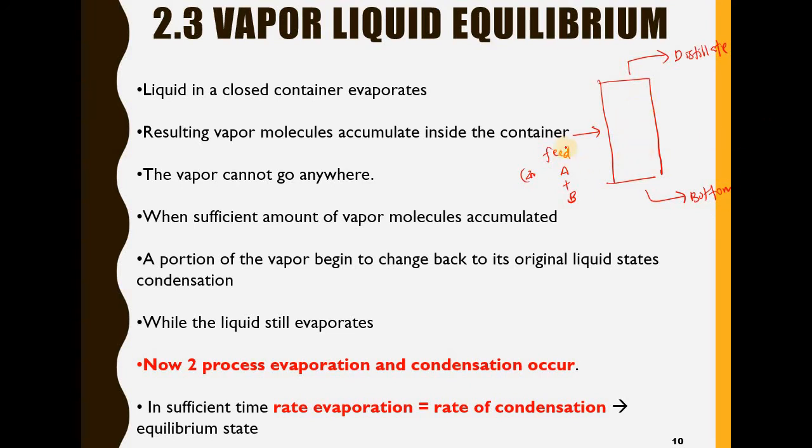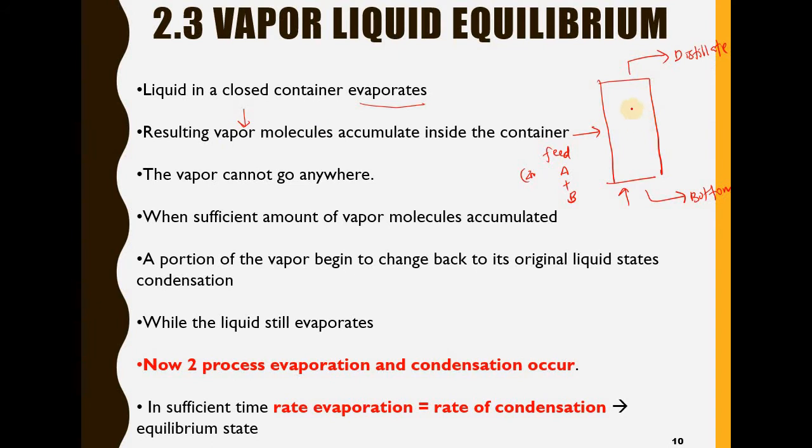When the feed enters the distillation column, we heat up the mixture at a certain temperature. What happens in the column is that when we apply heat on the mixture, the liquid will evaporate and turn into vapor.